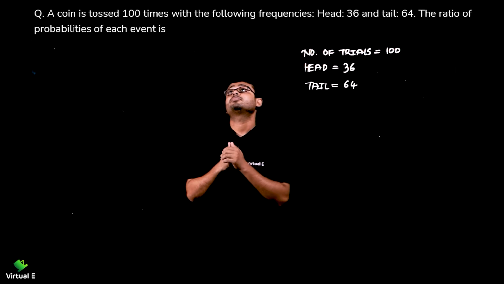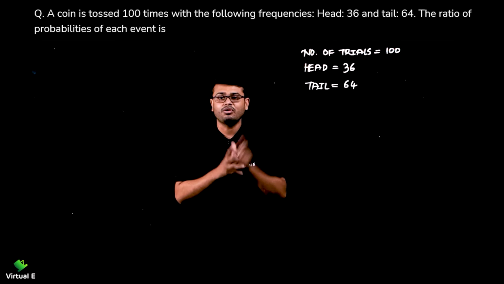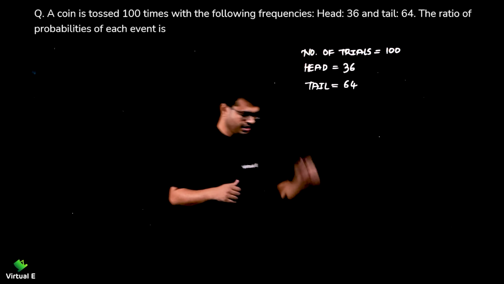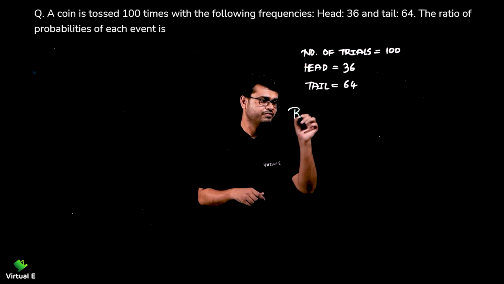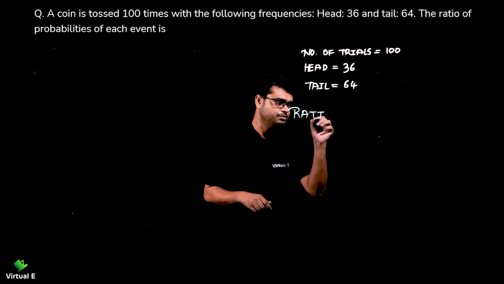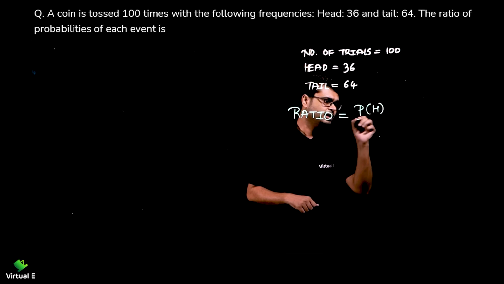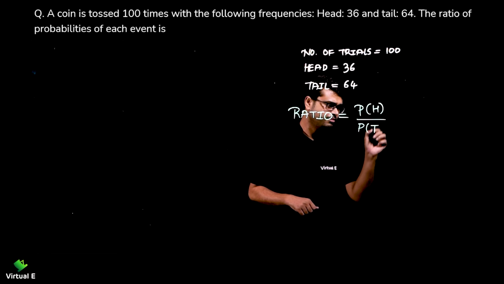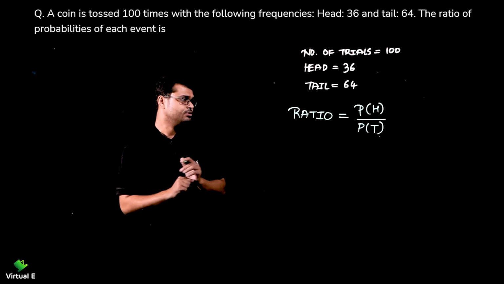We need to find the ratio of the probabilities of each event. So ratio is equal to probability of head by probability of tail. This is what we need to do.